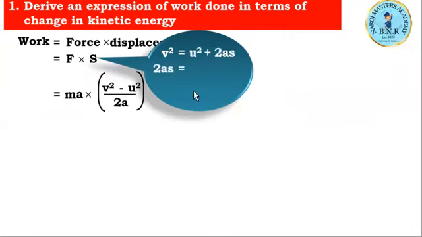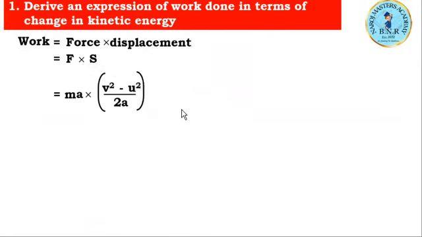So s is equal to v square minus u square by 2a. These are the equations of motion, from the laws of motion chapter or equation of motion. Simply cancel a and a. So m and then v square minus u square by 2a. So simply write 1 by 2 first: 1 by 2 into m into v square minus u square.